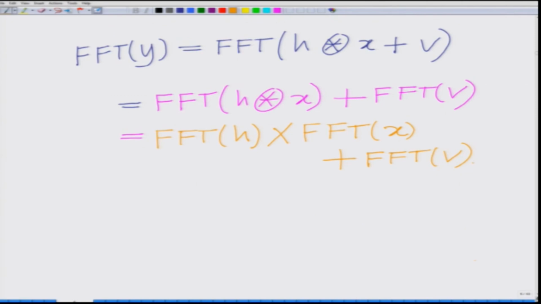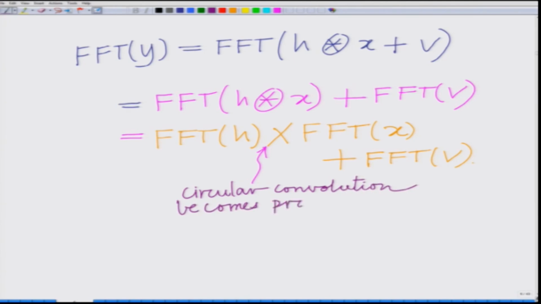So, circular convolution becomes a product in the FFT domain, or basically your frequency domain.